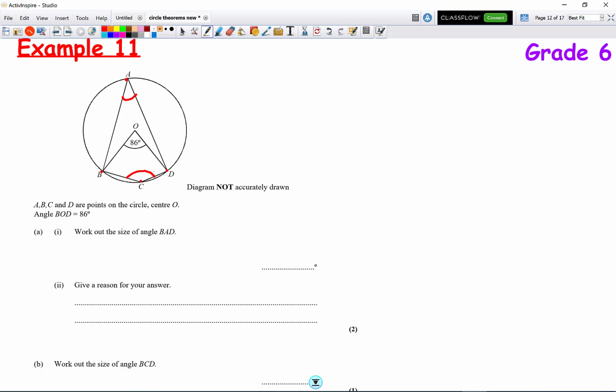Well, we can work out angle BAD because it's the angle at the circumference, and we know the angle at the center is 86. So we're going to do 86 divided by 2, which is going to give me 43 degrees.